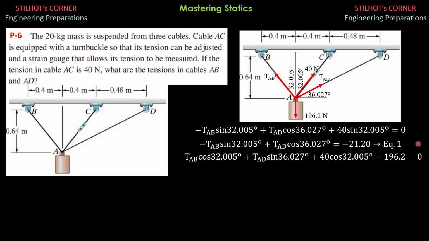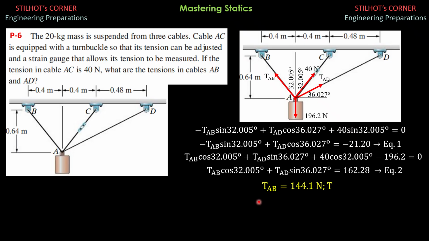Combining the constants transposed to the right and simplifying, TAB cosine 32.005 degrees plus tension AD sine 36.027 degrees equals 162.28. Equation 2. Solving equations 1 and 2 using your high-tech calculator, we get tension AB equals 144.1 newtons while tension AD is 68.20 newtons.